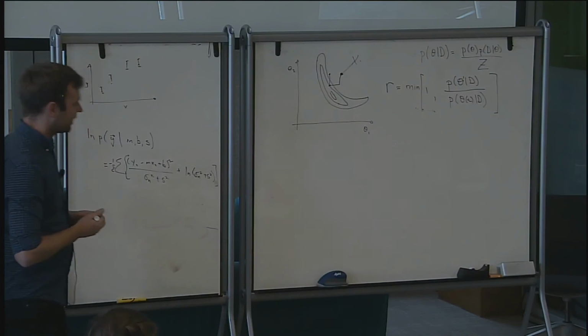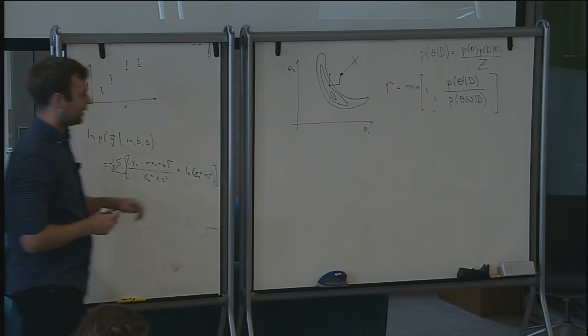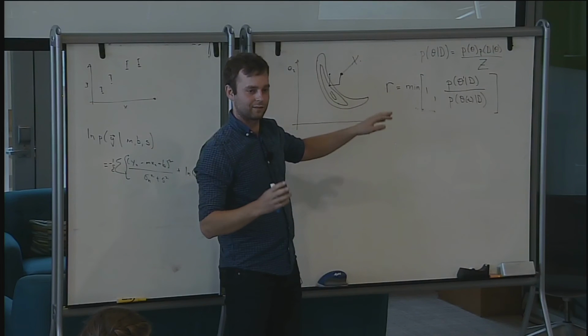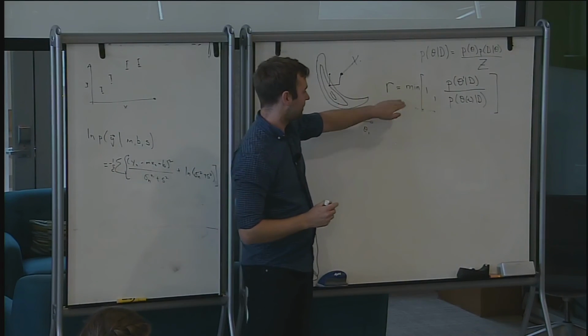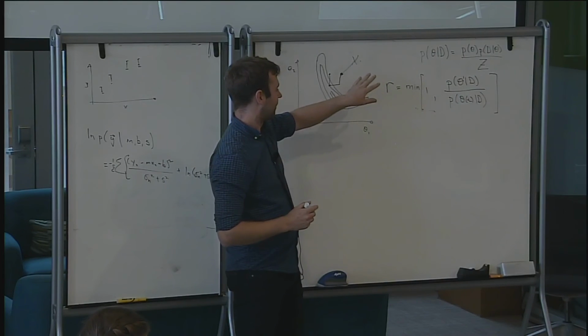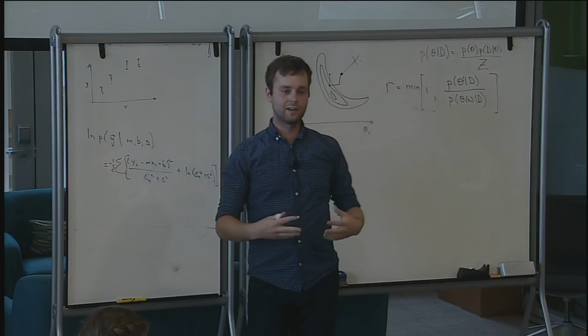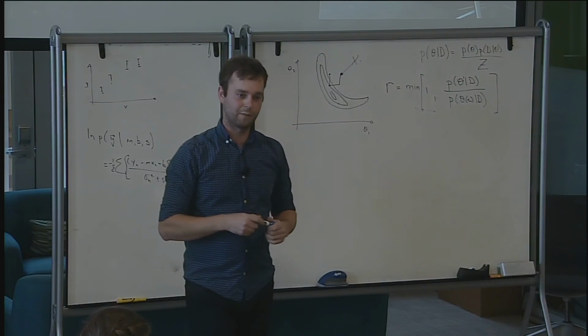So in this particular example, for some choice of how we propose our new points, this R is not tunable. But I'll get into the details of that in just a moment. So for the simplest case, this is what acceptance probability you need to use to be guaranteed to get a correct sampling from your posterior probability.